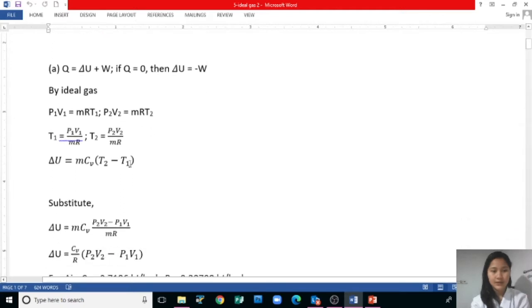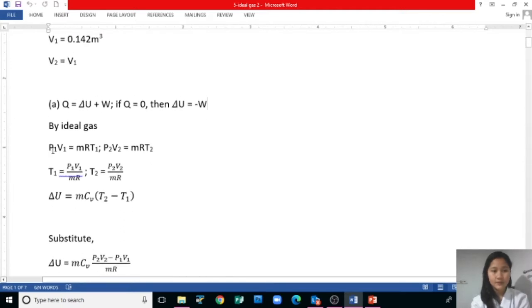So by the ideal gas, P1V1 is equal to mRT1, or P2V2 is equal to mRT2.